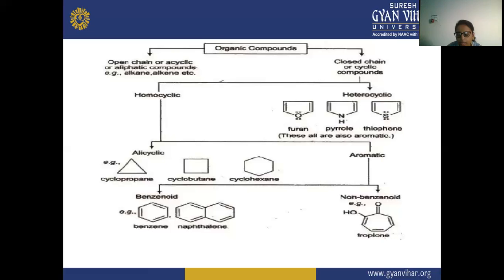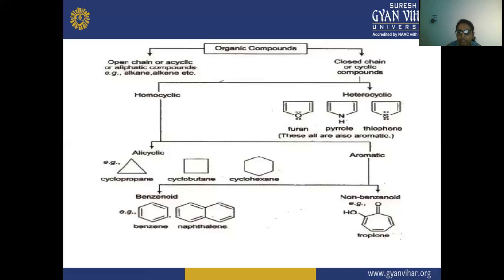Cyclo means a cycle, a closed chain, and butane because in this square structure they have four carbon atoms bonded with each other. And then is cyclohexane, in which six carbon atoms are attached to each other.